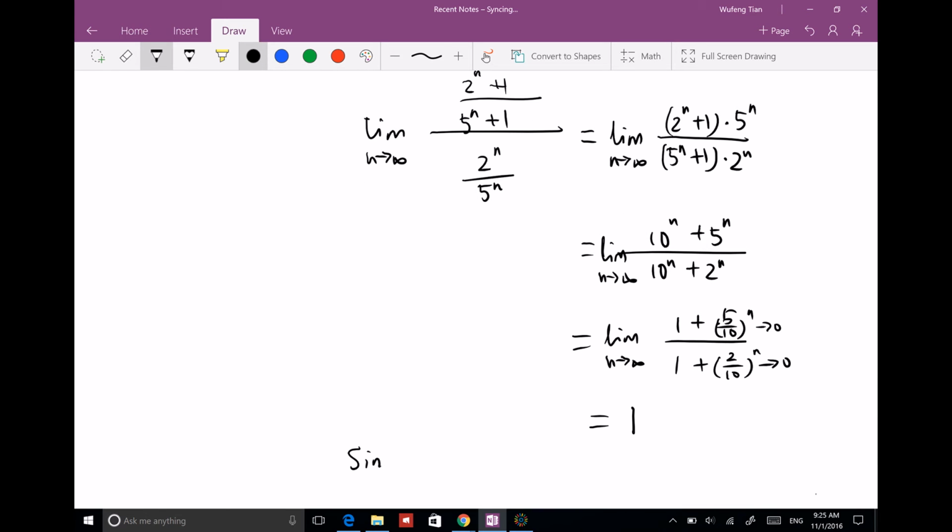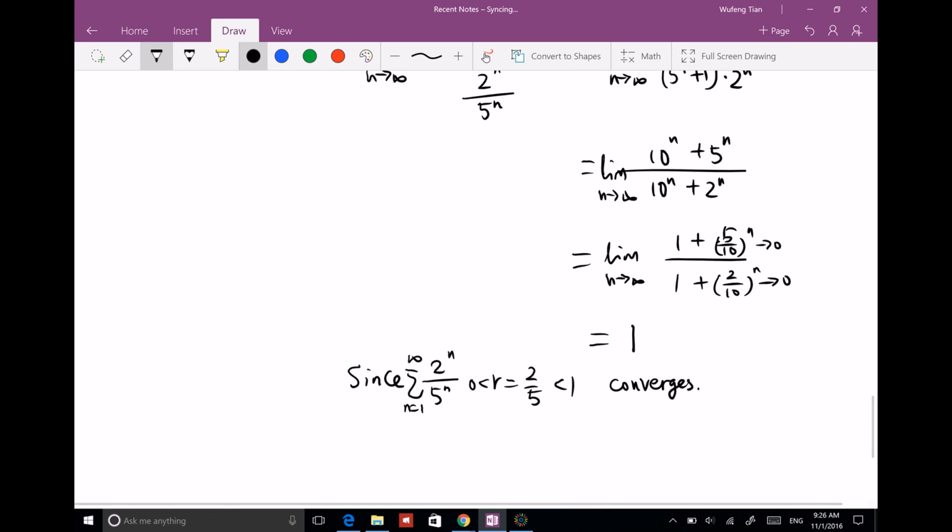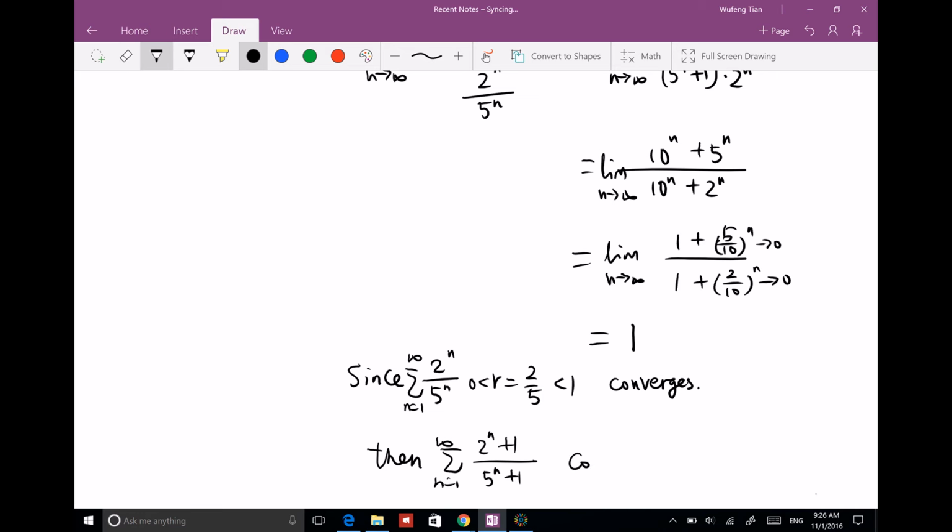Since the sum of 2 to the n over 5 to the n is a geometric series with r equal to 2/5, less than 1 and bigger than 0, it converges. Then the series from n equals 1 to infinity of 2 to the power n plus 1 over 5 to the power n plus 1 converges.